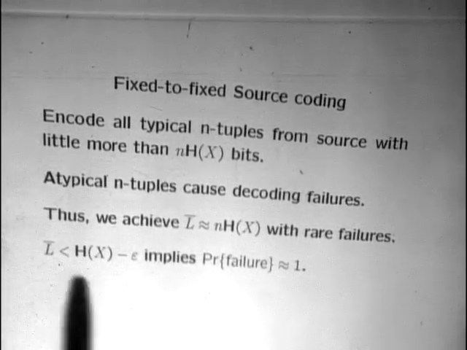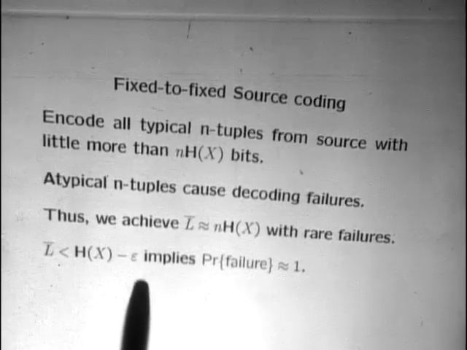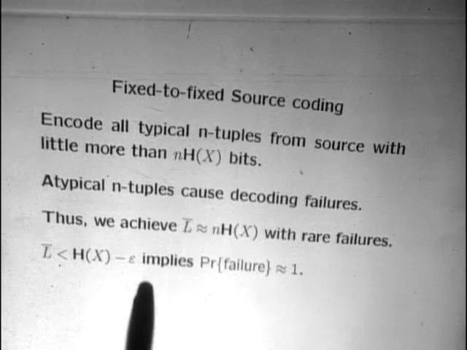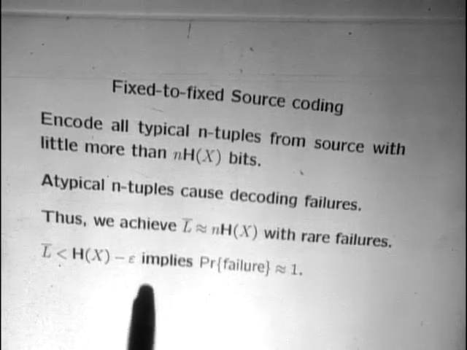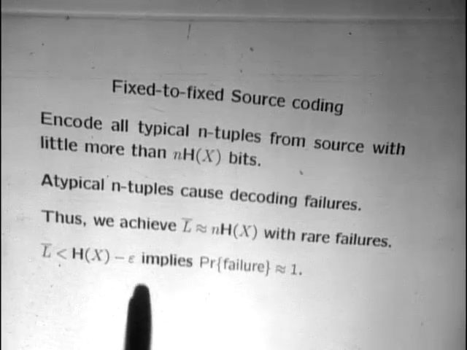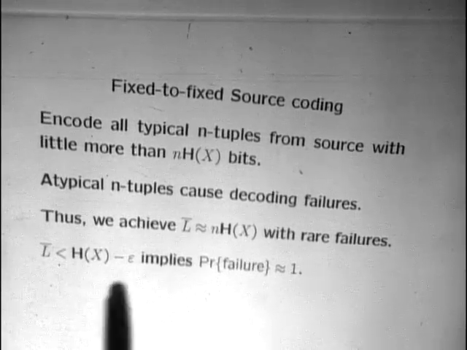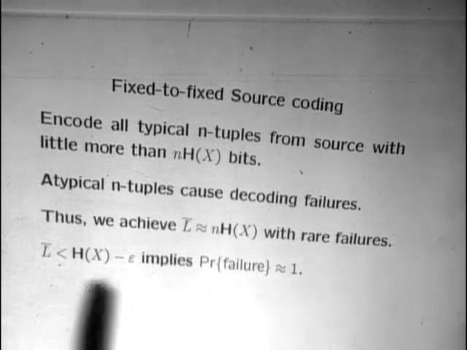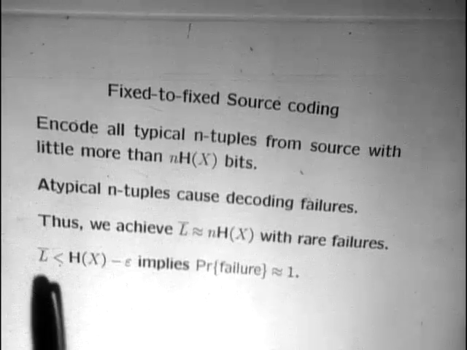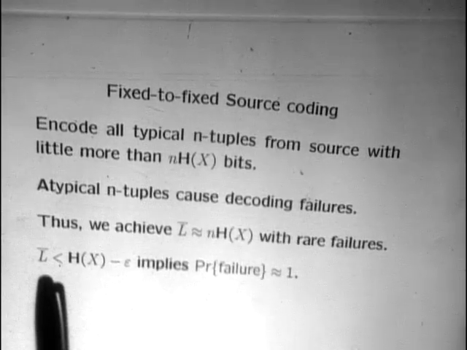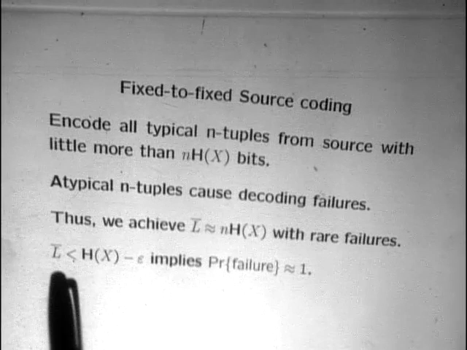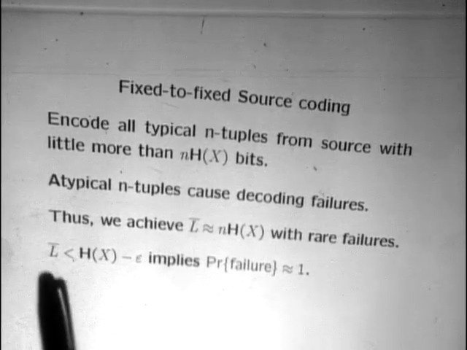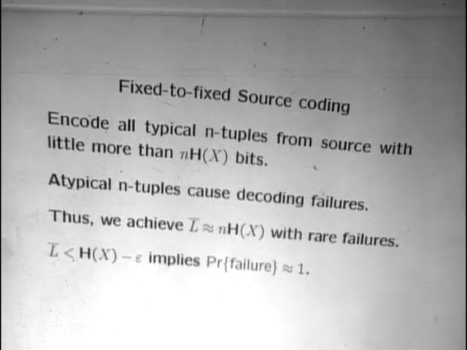And if you try to achieve H of X minus epsilon bits per symbol, the interesting thing we found last time was that the fraction of sequences you can encode was zilch. In other words, there's a very rapid transition here. If you try to get by with too few bits per symbol, you die very, very quickly. It's not that your error probability is large. Your error probability is asymptotically equal to 1. You always screw up.